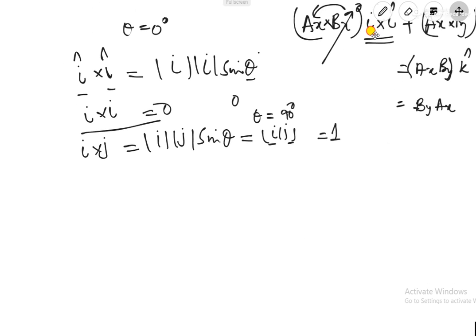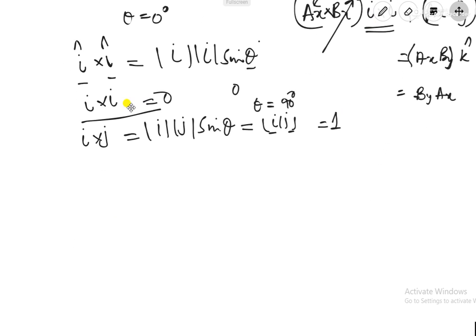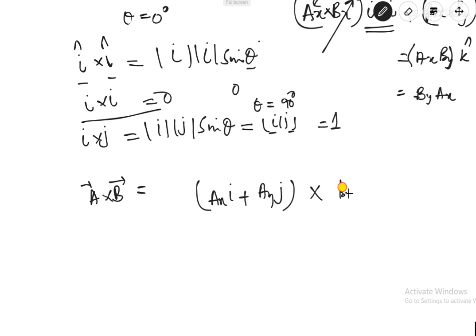So suppose as component vectors, A cross B is equal to this independent component vector, Ax I plus Ay J, cross Bx I plus By J. So this we can write as the component Cx I and Cy J. So this is equal to some resultant vector.